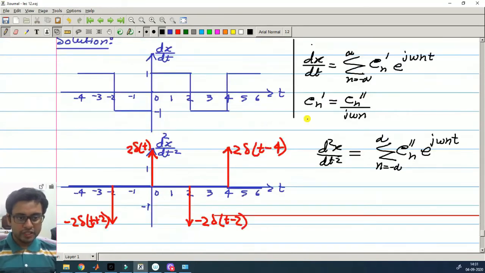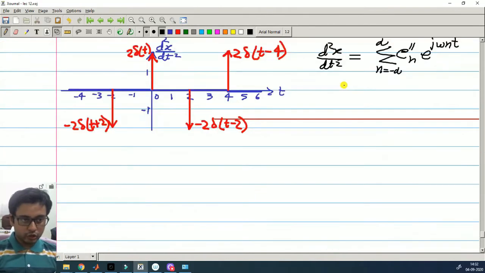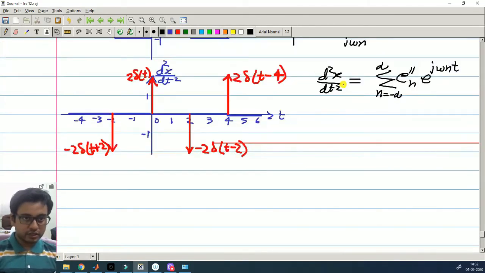So we shall first calculate Cn double prime, from that we will calculate Cn prime, and from that we will calculate Cn. So let's start with Cn double prime.